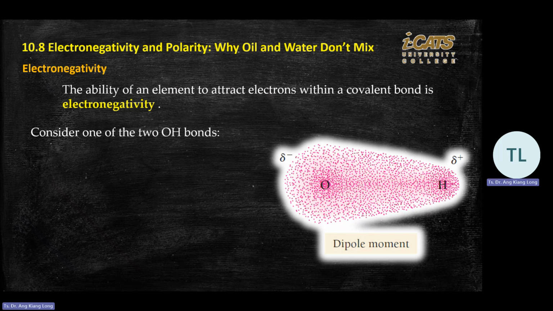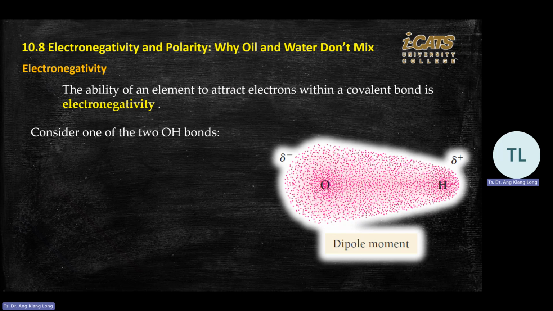And why is O bigger in this diagram? Referring to the periodic table again, look at the row. A row means an orbit. Oxygen is below hydrogen, in row number 2, so we have 2 orbits.